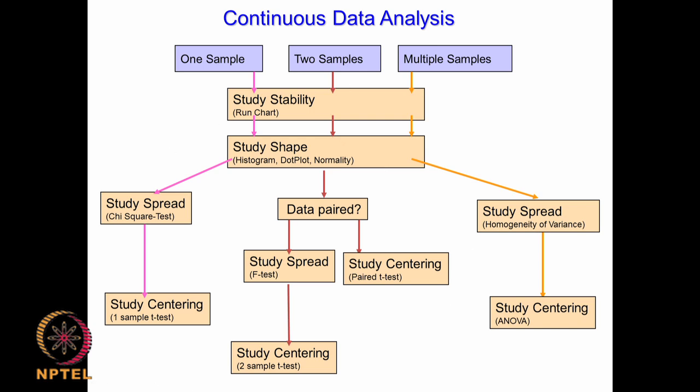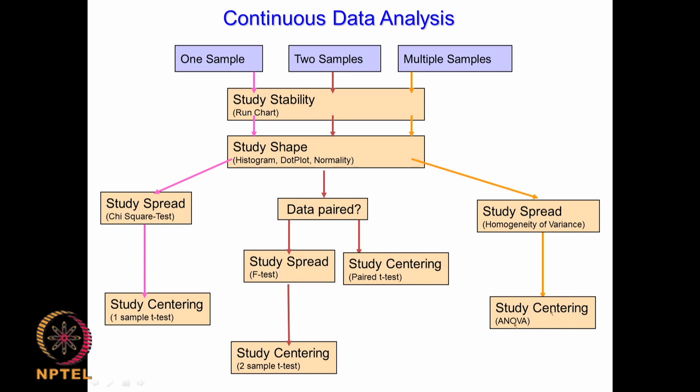We can have only one sample collected, comparing it with the population, or 2 samples collected, or multiple samples collected. If I am comparing means, there is the 1 sample t-test, the 2 sample t-test, and the paired t-test. If I am comparing variances, there is the F-test.